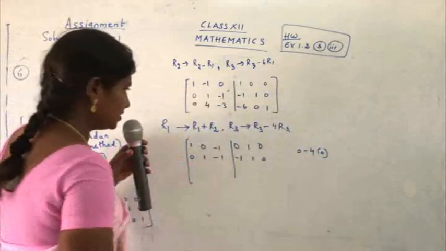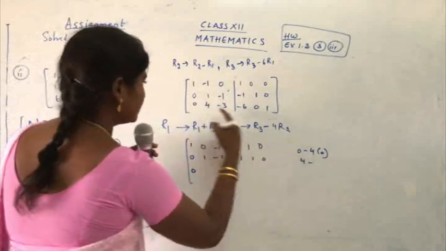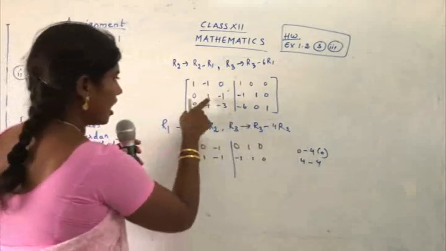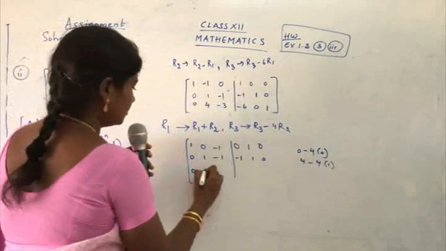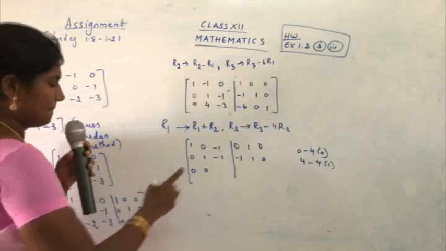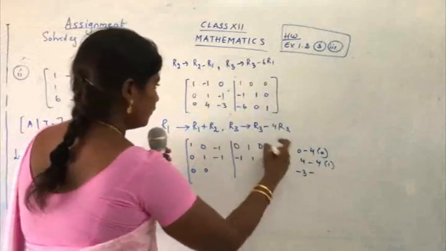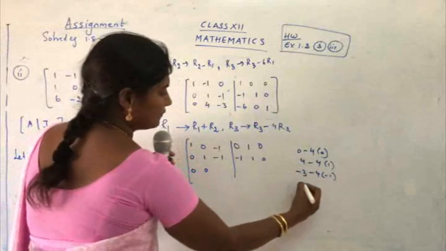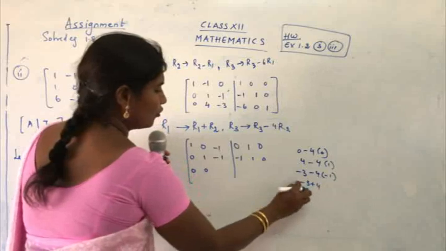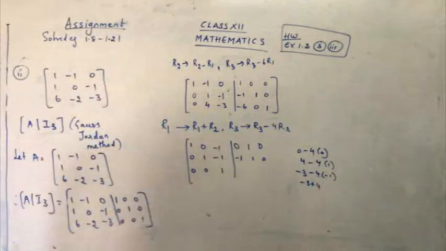So everything deals with 0, so we get here 0. 4 minus 4 times 1 is 0. Minus 3 minus 4 times minus 1: minus 3 plus 4. So 4 minus 3 is 1.